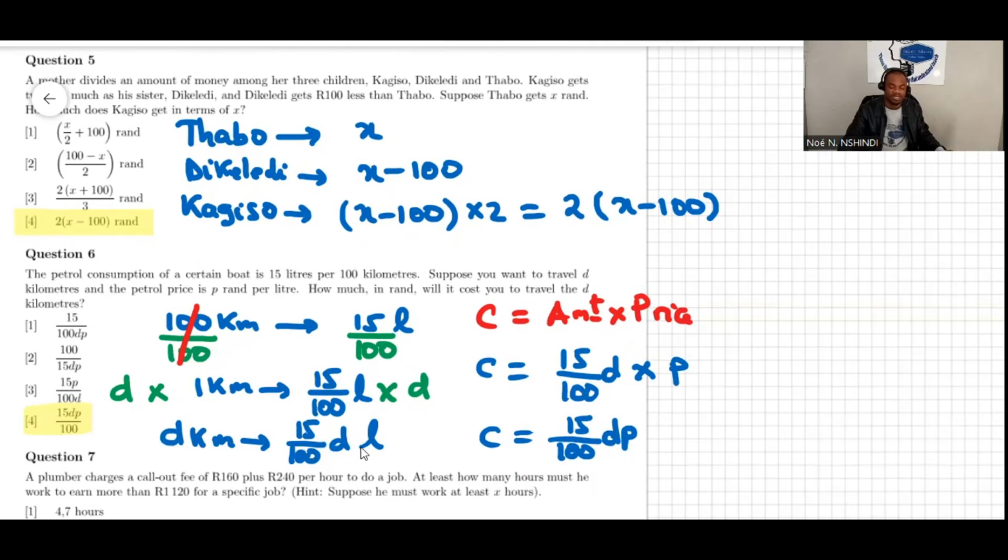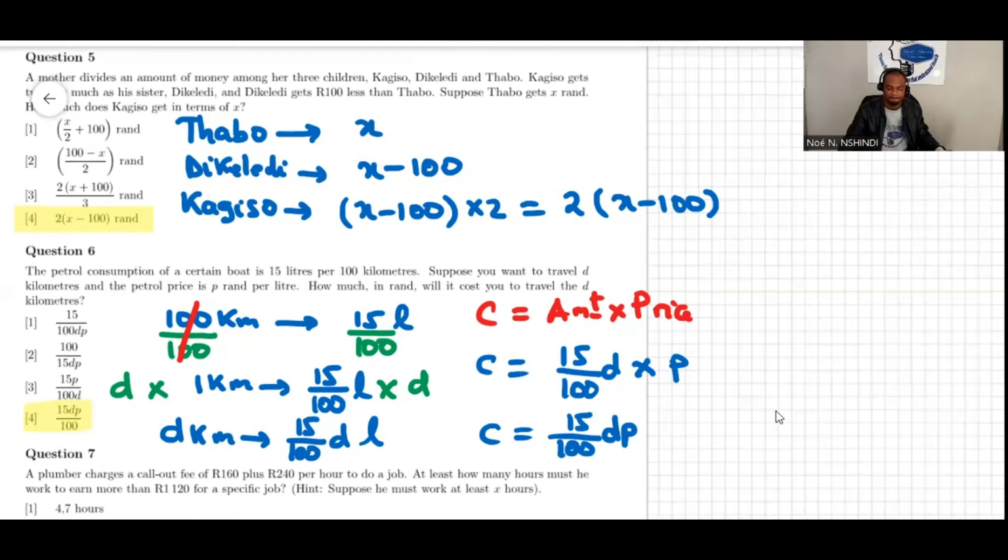Now the cost must be the petrol that will be consumed times the price per liter. So 15 over 100 d times p, that's the cost, which is alternative C, alternative 4.